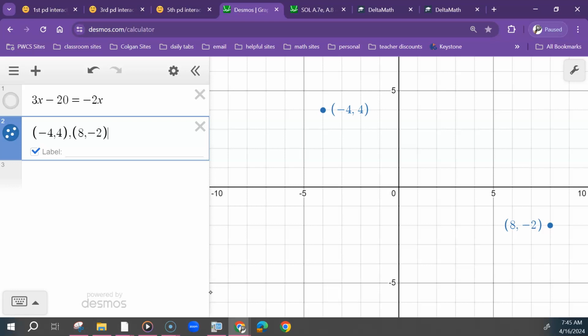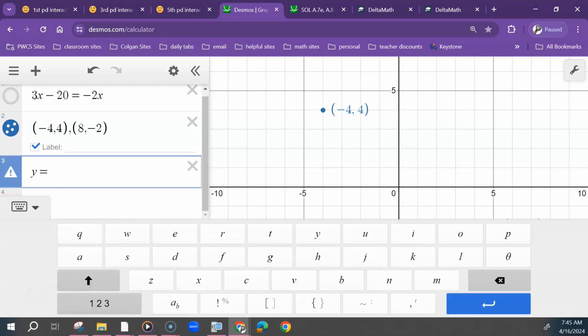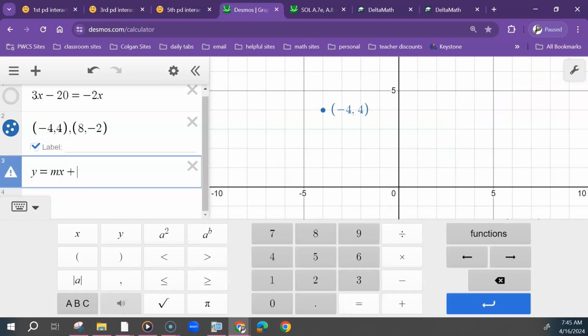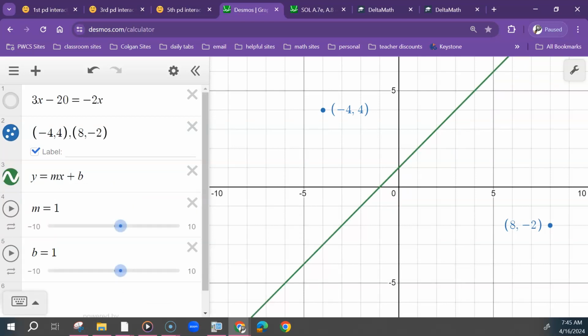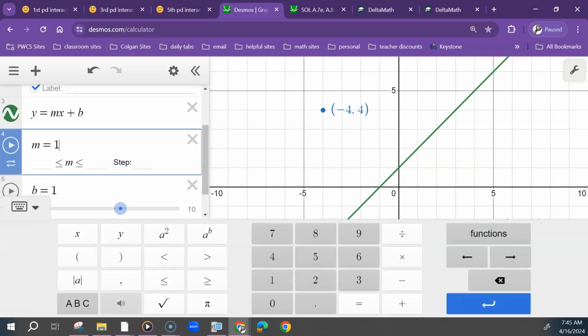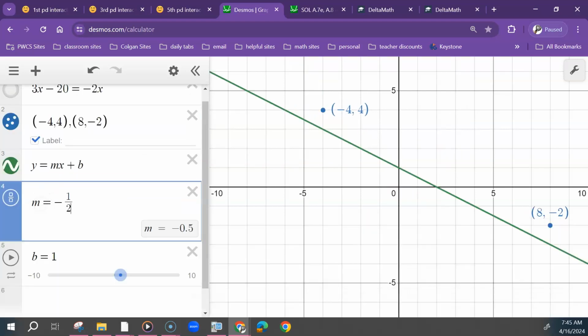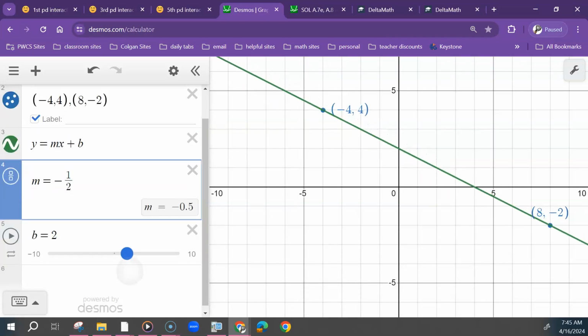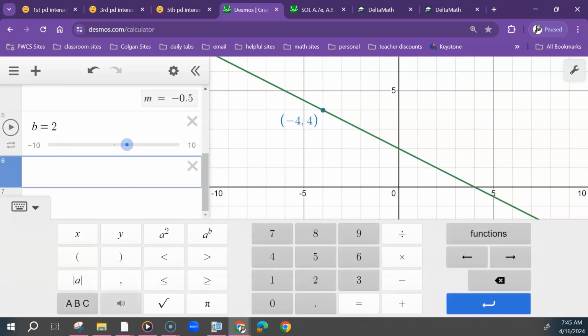And sorry, we're trying to find the equation of the line. So type in your y equals mx plus b. Add in all your sliders. Change your m to negative 1/2. And then move your b until it goes through those 2 points. So your equation would be y equals negative 1/2 x plus 2. Like this.